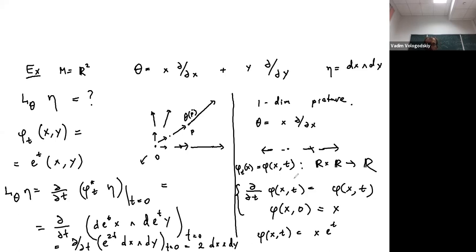We managed to use this symmetry to compute the one parameter group of diffeomorphisms. In general, that would be very hard. But fortunately, we are not interested in the entire one parameter group of diffeomorphisms. We are looking only at this derivative.